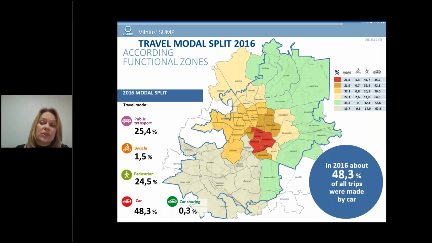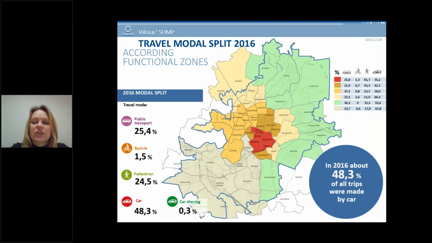Another important thing to say: in Lithuania, behavioral change is not a discipline which is taken into serious account, and it bothers me a lot. It's more often understood that SUMP is about transport and commuting and infrastructure, and less about behavioral changes.